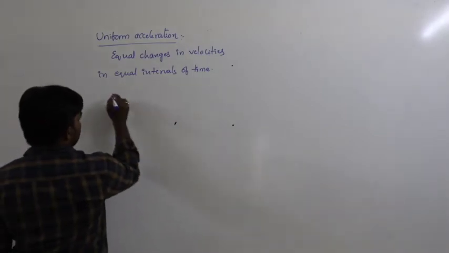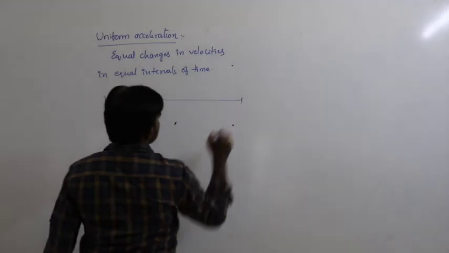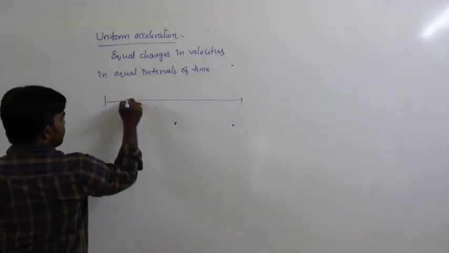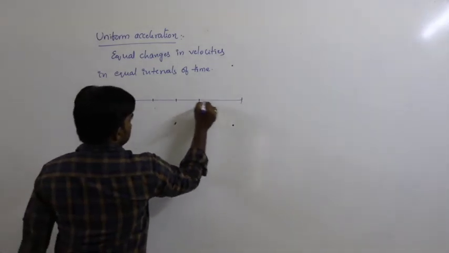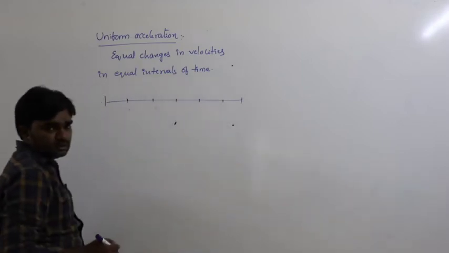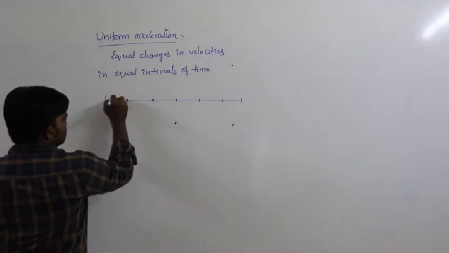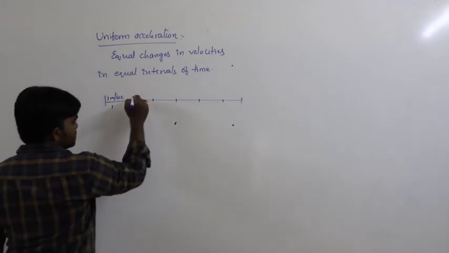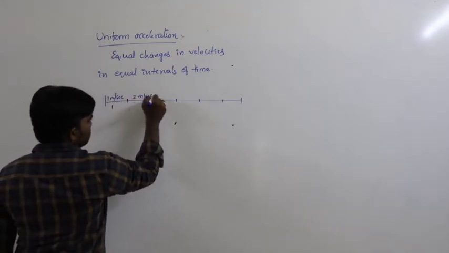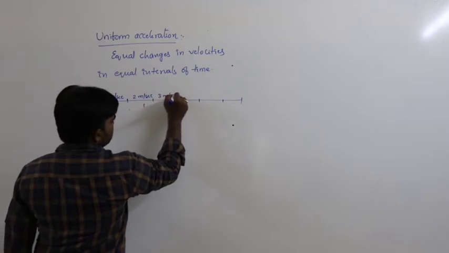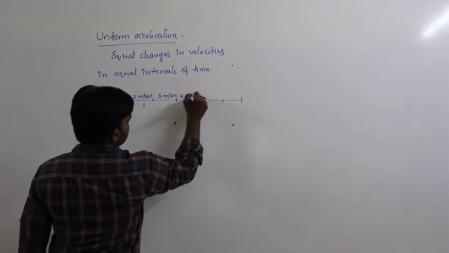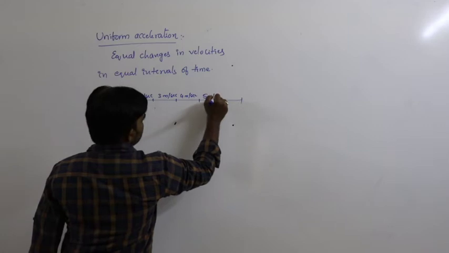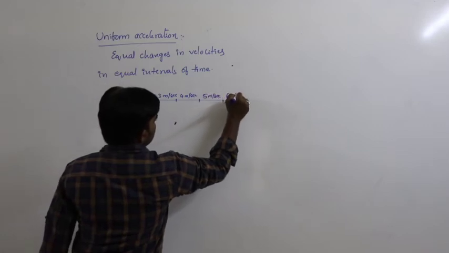So how can there be equal changes in velocities? See here, let us say the body moves like this. In the first second, its velocity is 1 meter per second. Next it is 2 meters per second, 3 meters per second, 4 meters per second, 5 meters per second, 6 meters per second, like that.